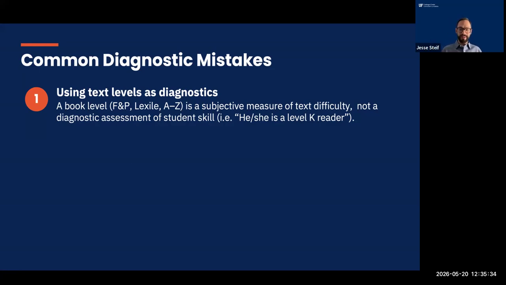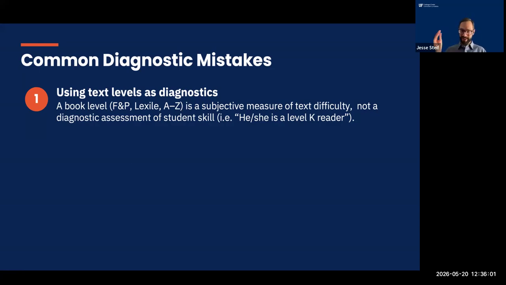Same thing with a Lexile. You have a Lexile of 1100. That just refers to a text, not the capability of what a student is able to read. Books within a particular level or a particular Lexile range actually vary really widely in terms of kids' ability to read them.